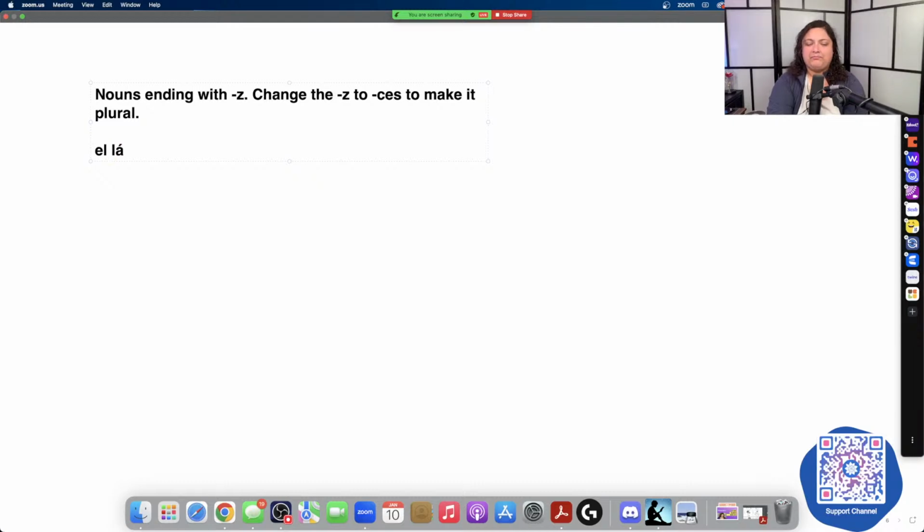El lápiz. Here, I'm going to drop the Z and replace it with CES. So it will become los lápices. So we have pencil and pencils.